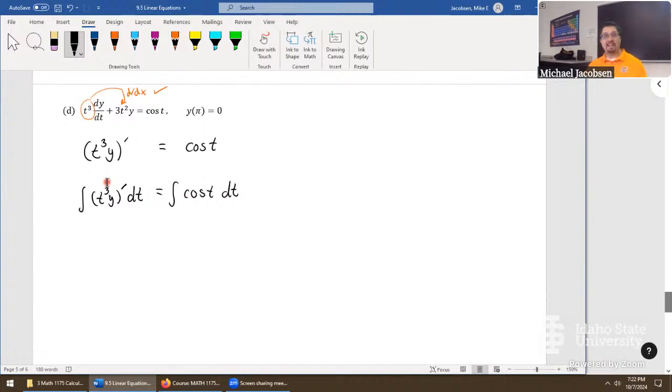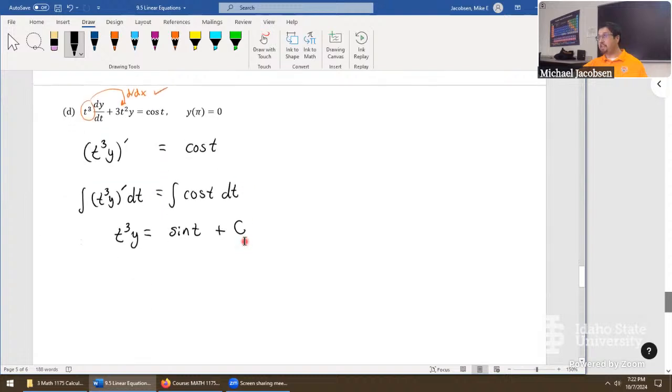So now the antiderivative of the derivative gives us t cubed y. On the right-hand side, antiderivative of a cosine is a positive sine. And we add in our arbitrary constant of integration c. So at this stage, we're just about there.